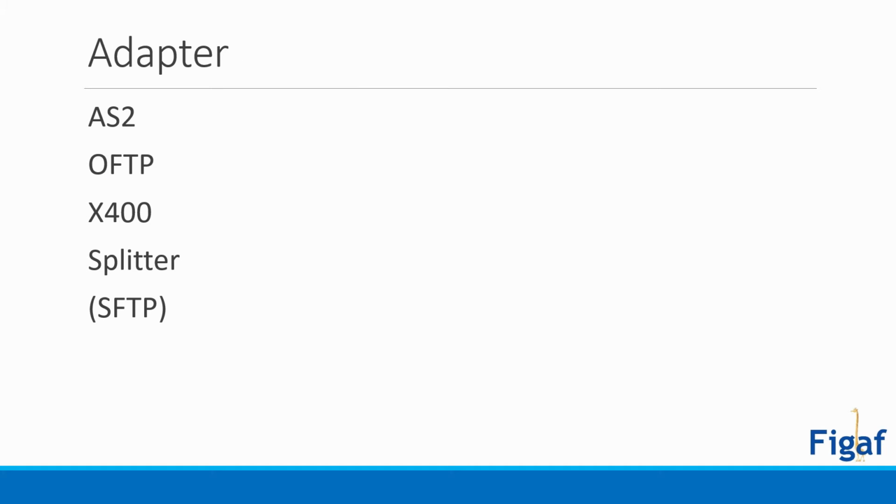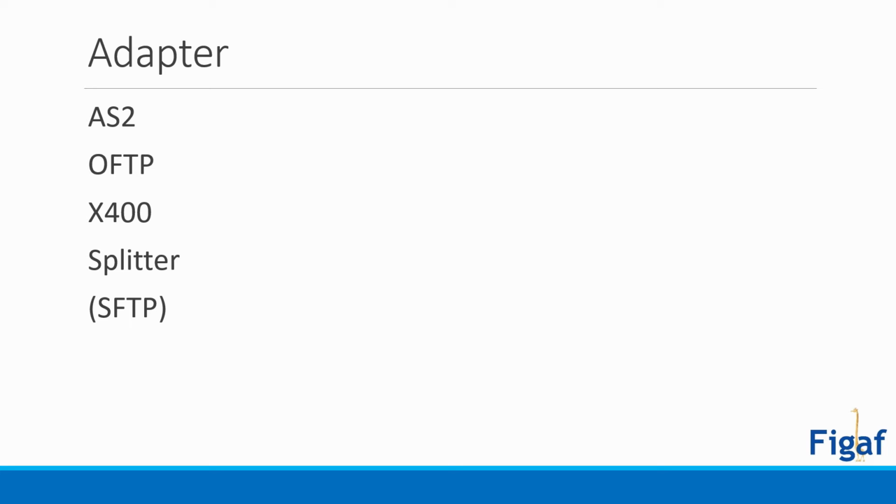Adapters, I just wanted to share a little about some of the adapters it supports. It supports the AS2, the OFTP adapter, and X400 adapters. So I guess you know if you are using any of these or are required to use these systems, these adapters.